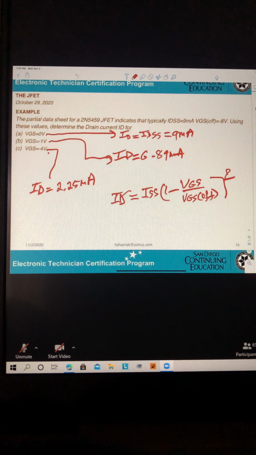VGS off equals minus 8 volts. It's up in the example. Oh, I missed that. I'm sorry. That means minus 4 divided by minus 8, so minus over minus is a plus, and VGS off is 8, so the reciprocal of 8. Yes, that means you have to apply it to the formula, ID equals IDSS times 1 minus that. Okay, I got it. Thank you.